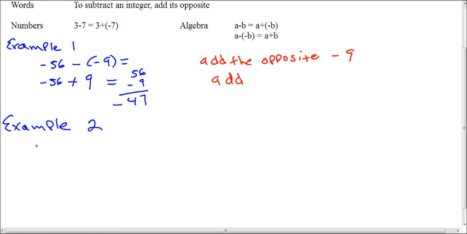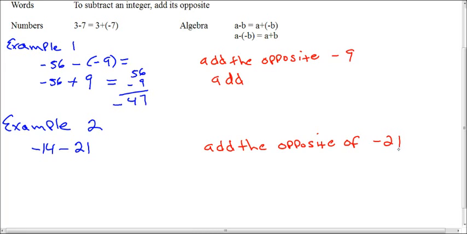Let's take a negative 14 minus 21. Again, our chore is to add the opposite. You want to add the opposite of a negative 21.